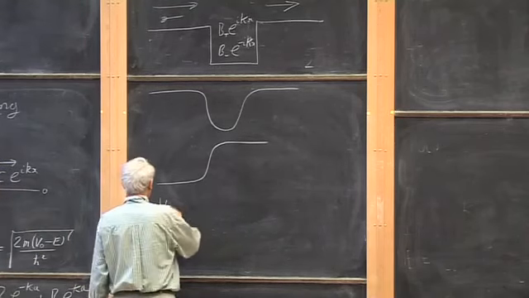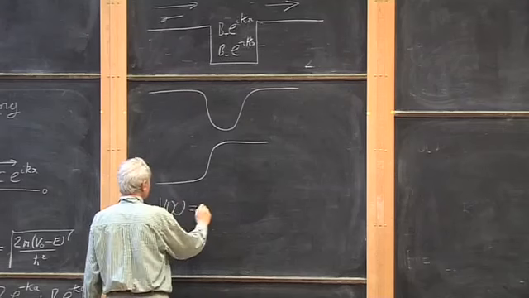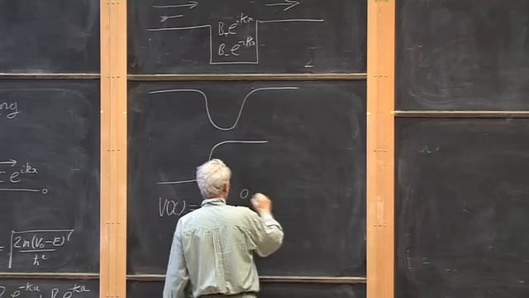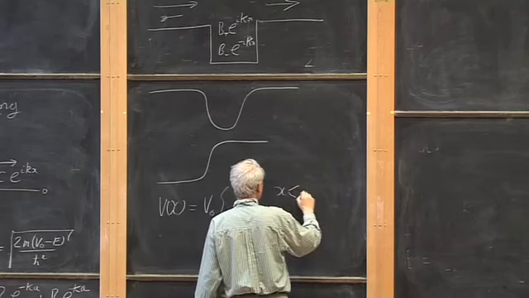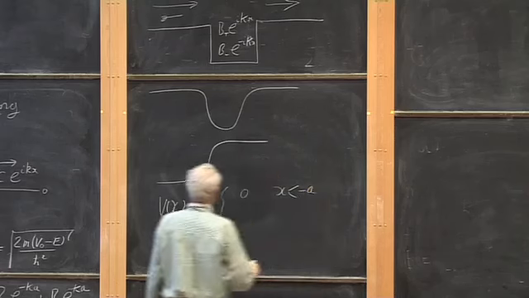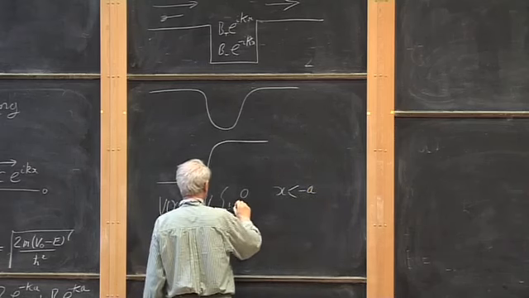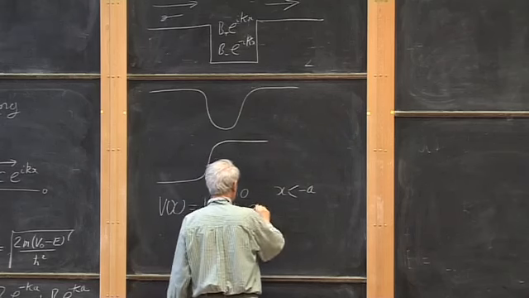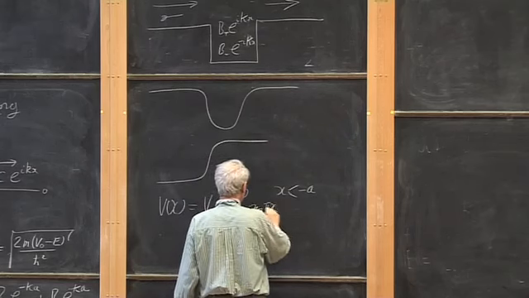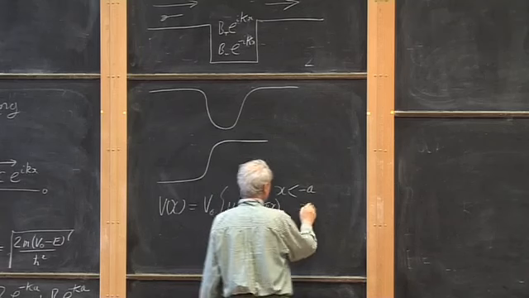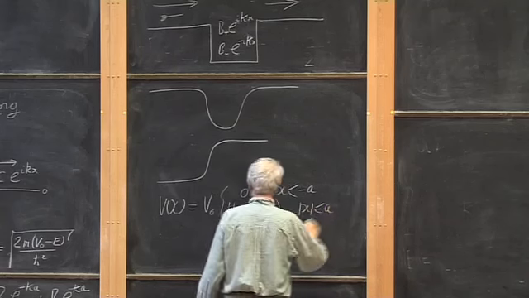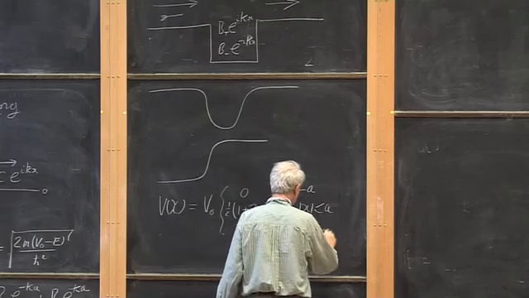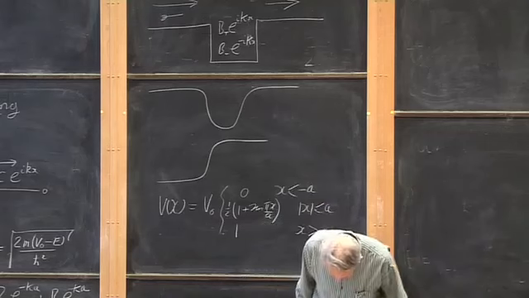So take the potential as a function of x to be equal to some constant V naught if x is less than minus a, and in this zone here something like V naught over 2 times 1 plus sine pi x over 2a. That's for mod x less than a, and you take it to be 0 down here if x is greater than a. I hope I've done that the way I should have.